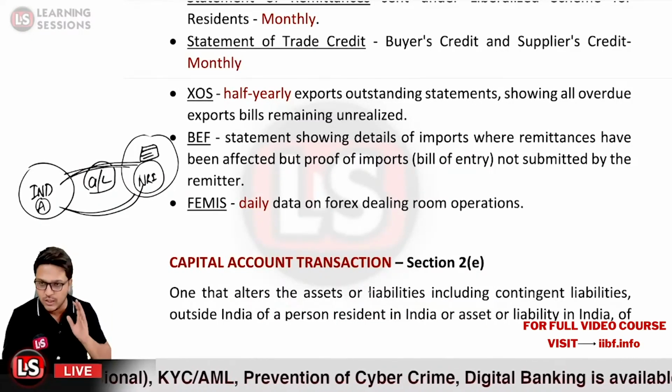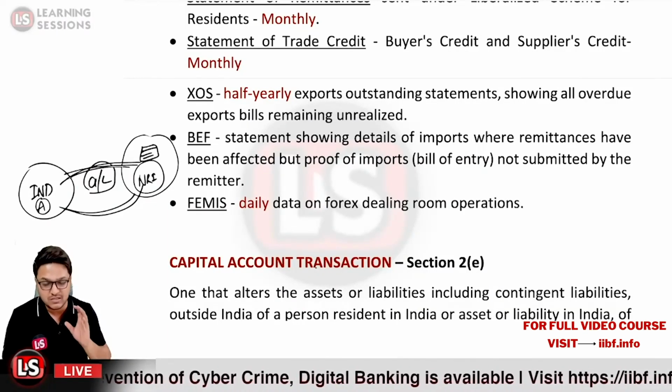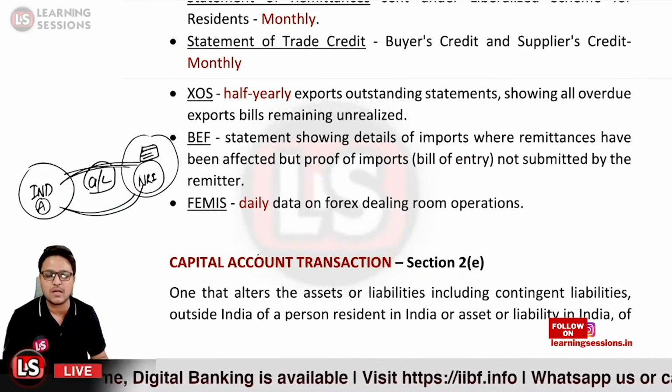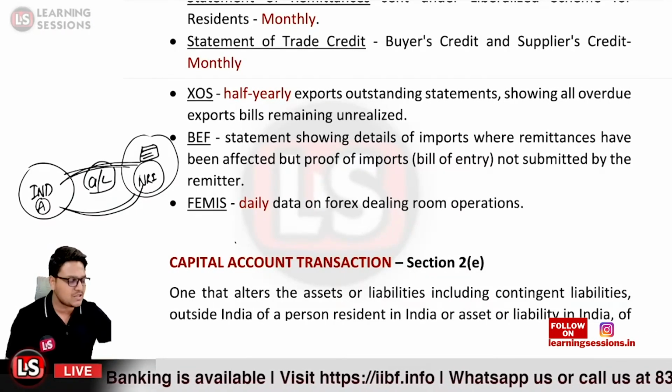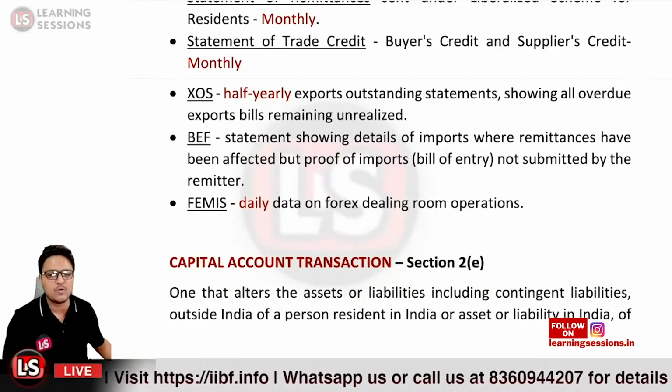So understand one point: if any transaction is changing the capital assets or liabilities, that would be a capital account transaction. Other than that, all the transactions would be current account transactions.